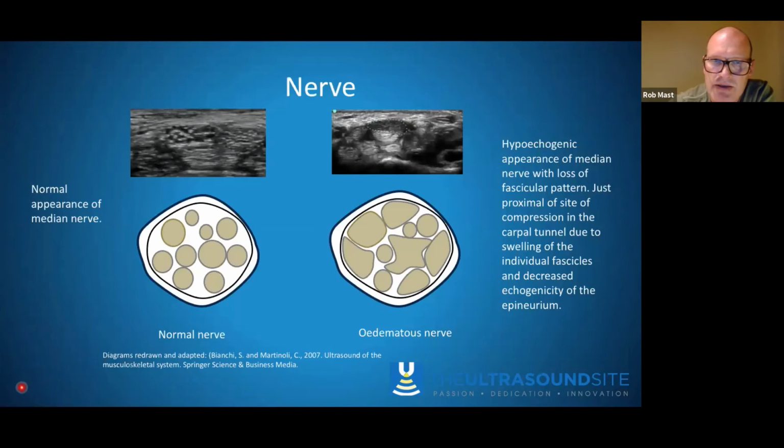That's why you get that typical darkened image of the nerve. It's hypoechoic, and also quite often because of the edema it's a lot bigger, and that is very much an abnormal nerve. We have some more images of that in the next slide, I think.